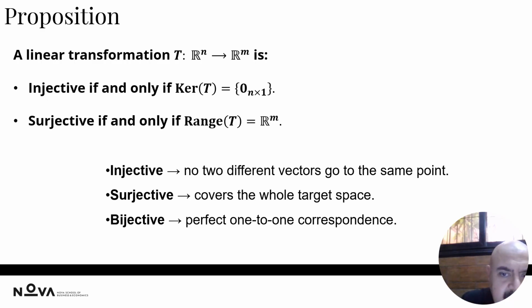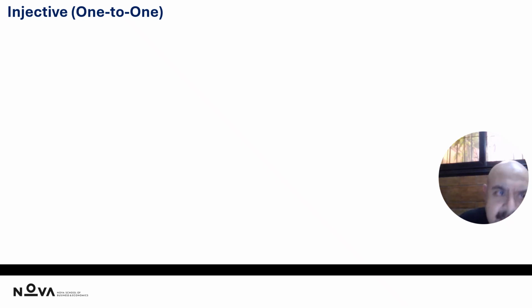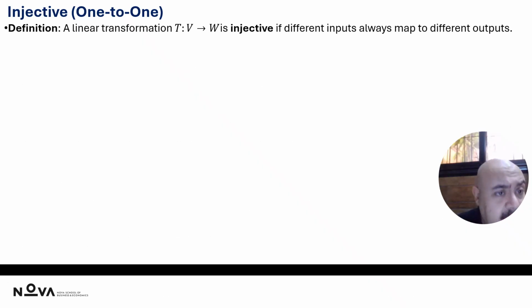Very good. I also wanted to take the opportunity to go through these definitions, injective, one-to-one, briefly, because they have a lot of meanings inside and a lot of explanations. We will get back to it down the road, but for the time being the explanations you will see are enough. Injective means a linear transformation T from V to W is injective if different inputs, the values of V, are always mapped into different outputs.